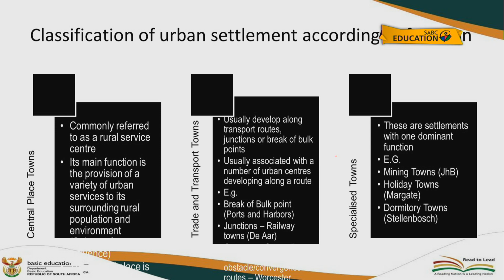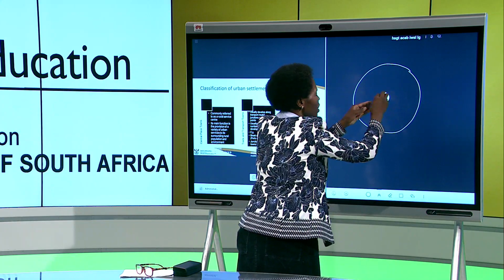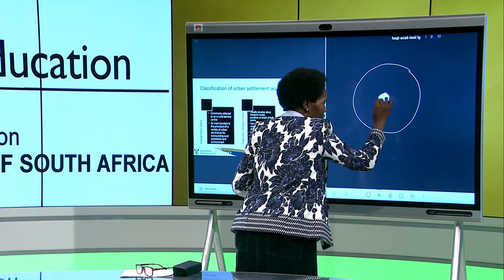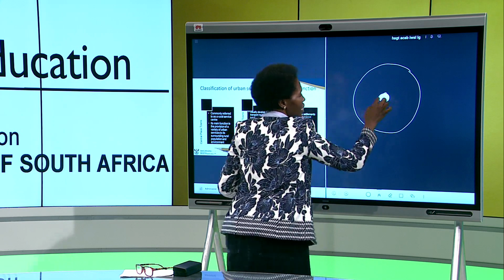What is a central place town? With this one, you find that we have an urban area, which is a central place here. Let's say we have a town here, and then we have rural areas surrounding this area. These people will come and be serviced in this place and get services here. So this is a central place.